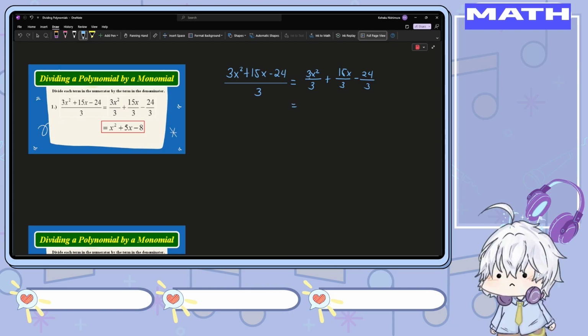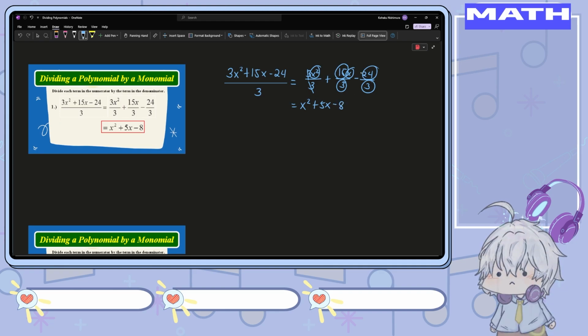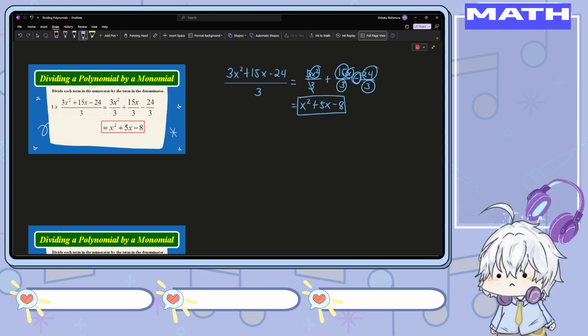Simplifying everything, 3 divided by 3 is 1, but we are left with x squared. 15 divided by 3 is 5, and we are left with x. And 24 divided by 3 is negative 8, to be precise, because we have this negative symbol. Thus the final answer is x squared plus 5x minus 8.